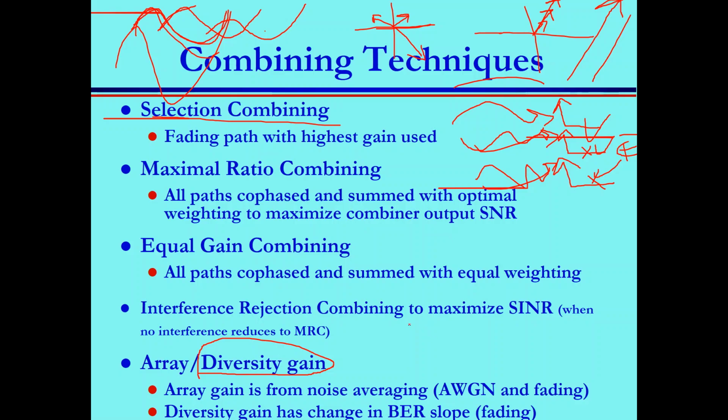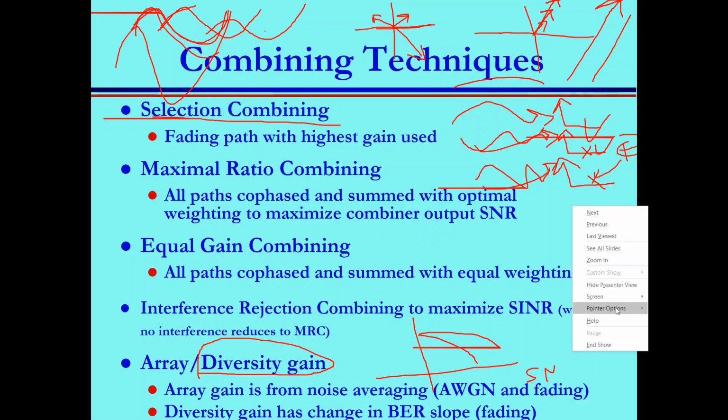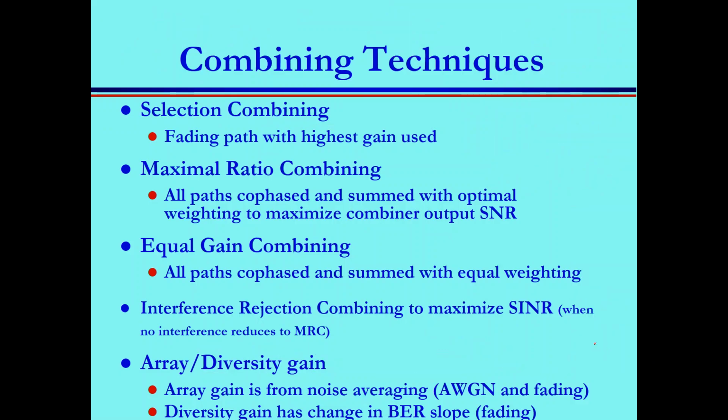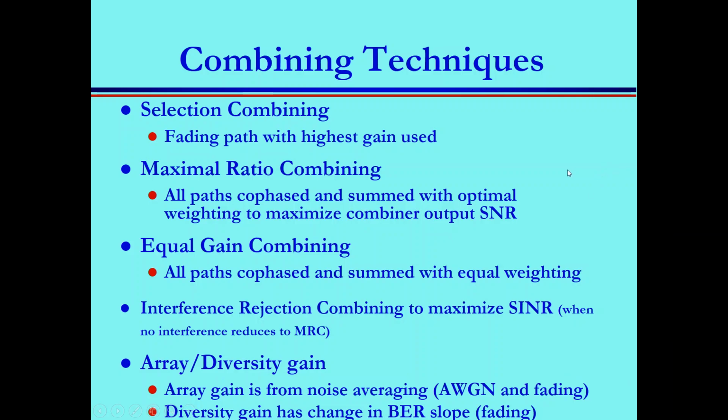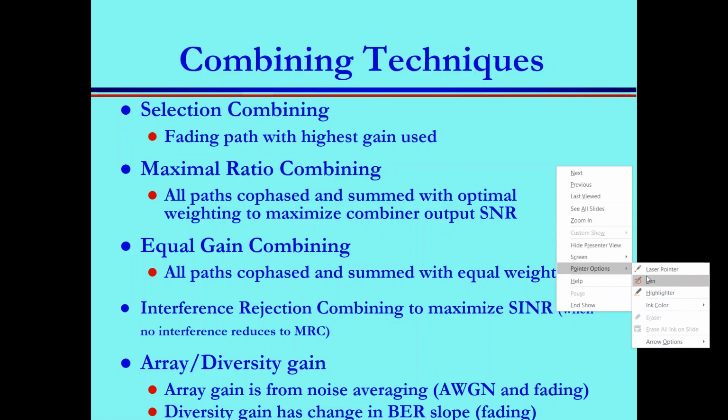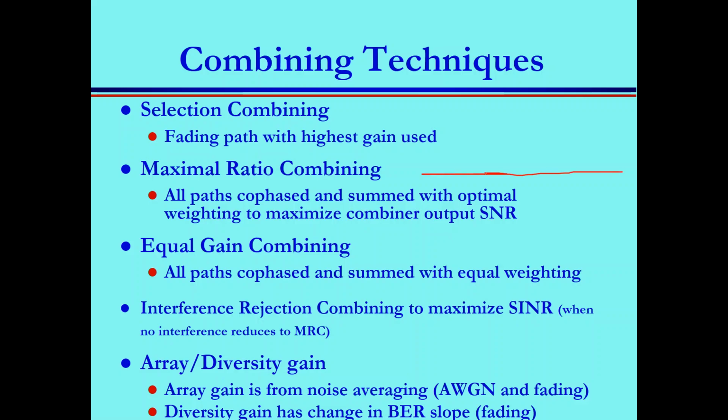Of course, in the exam, if I tell you you have 2 bit error rate curves, this is the signal to noise ratio. Which curve has higher diversity? You have 2 bit error rate curves. This is the x-axis and this is the y-axis.